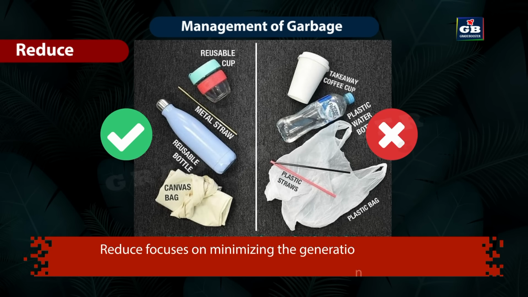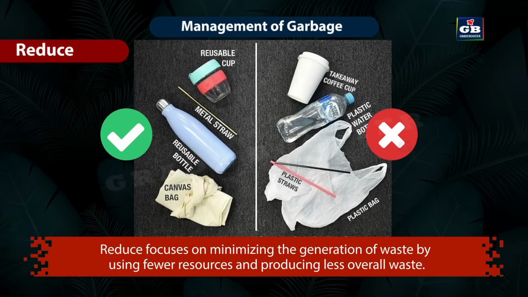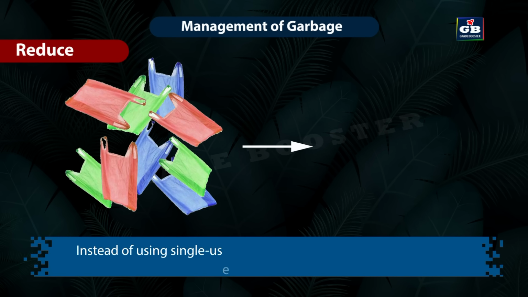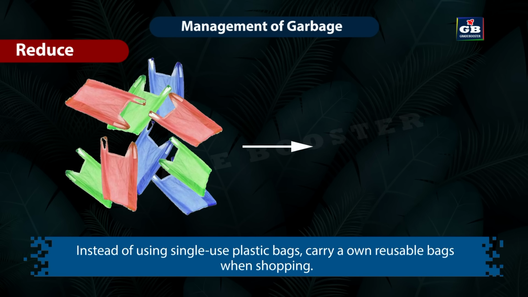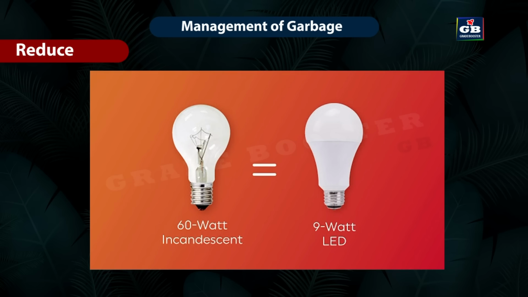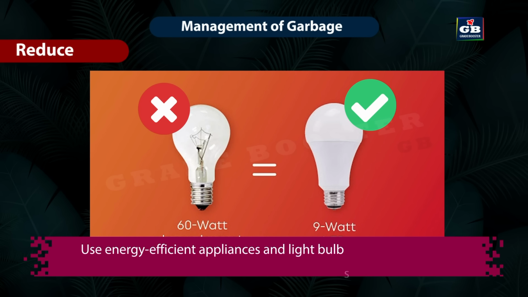Reduce focuses on minimizing the generation of waste by using fewer resources and producing less overall waste. For example, using reusable bags. Instead of using single-use plastic bags, carry a reusable bag for shopping. 2. Using energy-efficient appliances. Use energy-efficient appliances and light bulbs to reduce energy consumption.